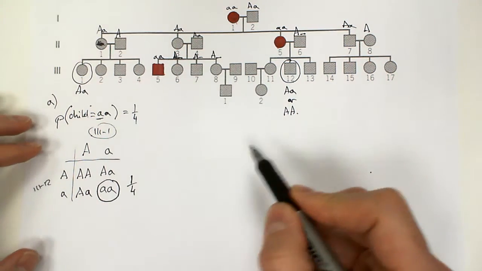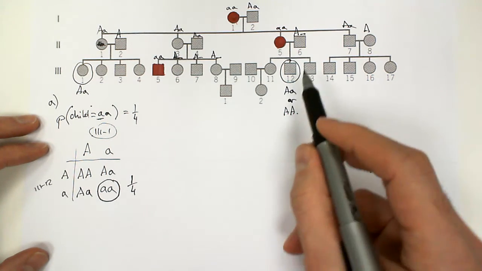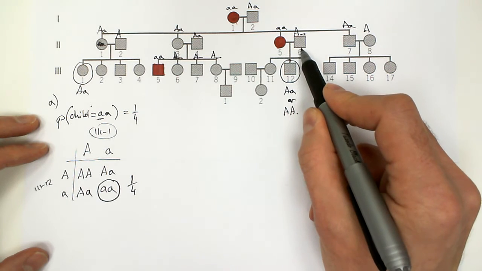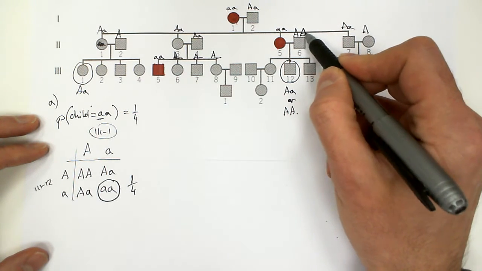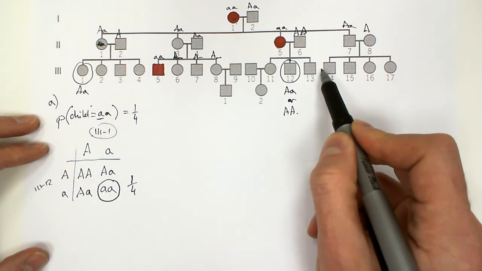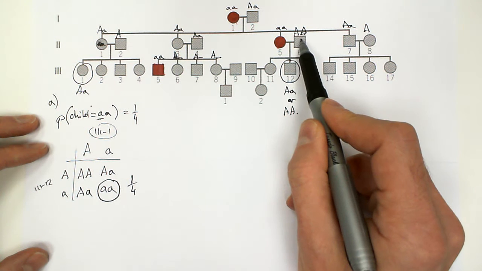So the probability of this individual being big A, little a has to do with this. So again, this individual we're going to assume is big A, little a, or big A, big A, because we have no evidence otherwise to tell us that this is not true.